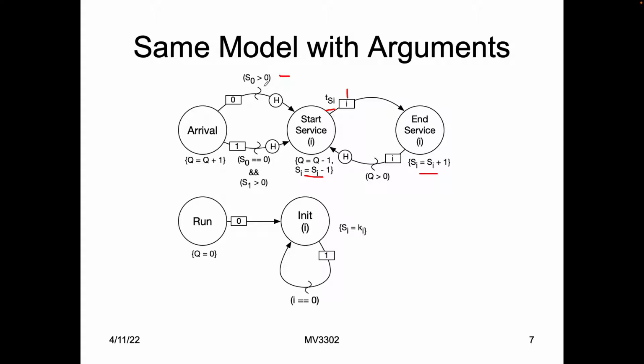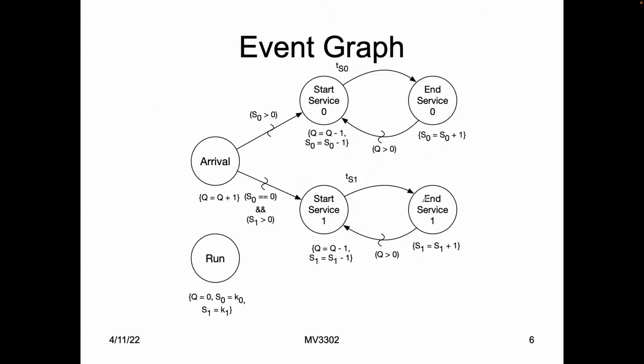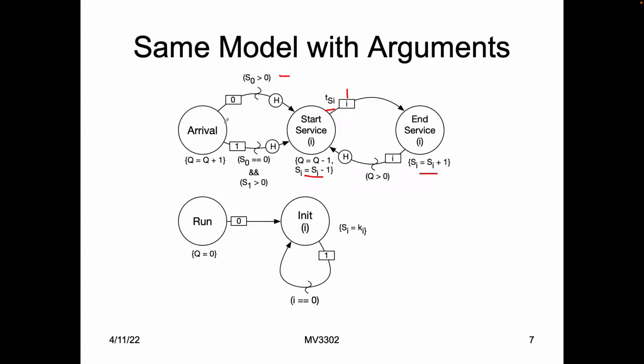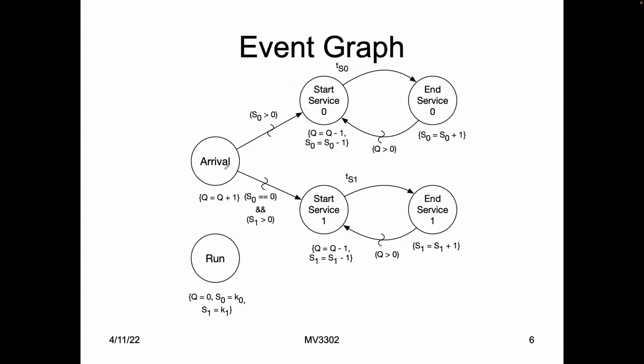Now how do we get this to work? Again, as it sits by itself, this component will just execute the run event and then do nothing. So in order to get it to work, we connect it as a sim event listener to an arrival process, and the arrival events will trigger, if we use this model, this arrival, and if we use this one, it'll trigger this arrival.